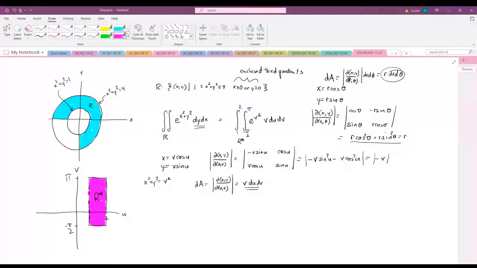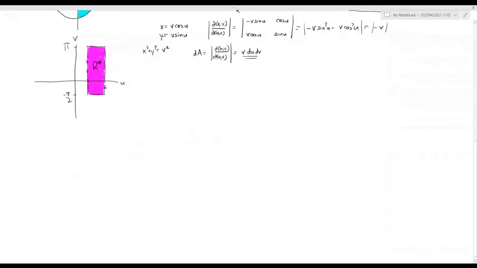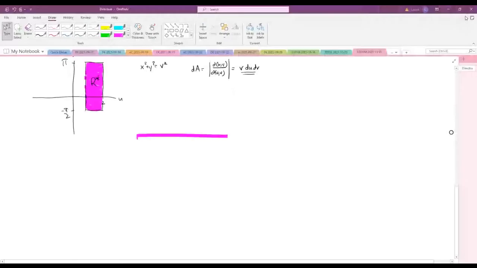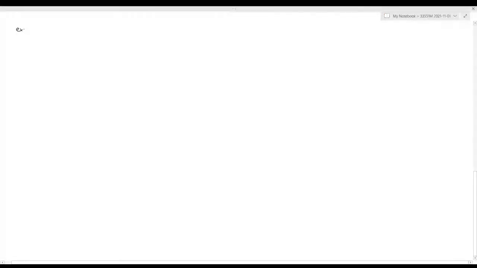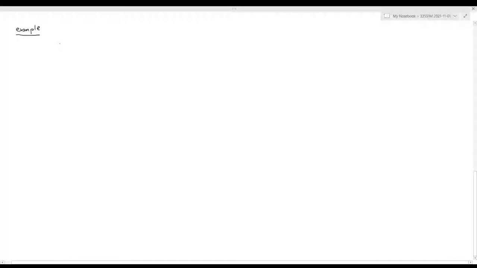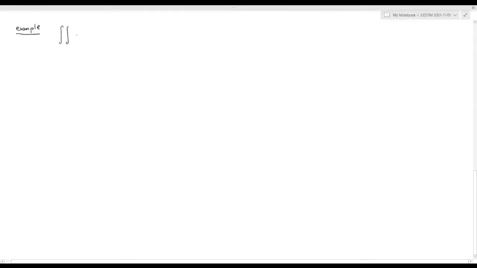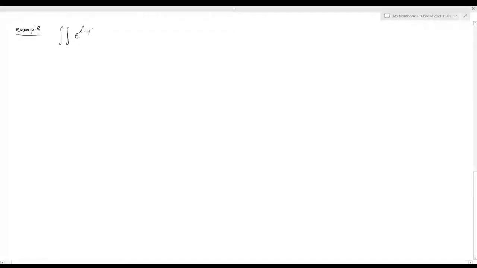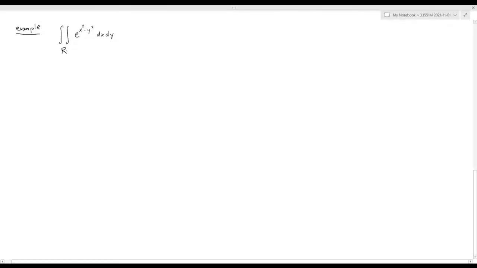Let's do another example. So here we're going to be doing an integral of e to the x squared minus y squared dx dy over a region, which I'm going to describe in the following way.